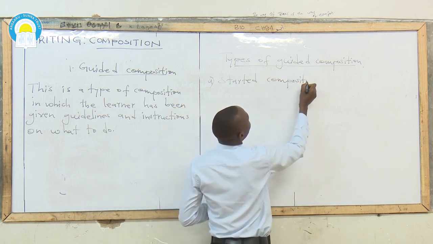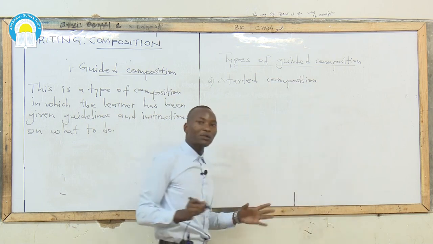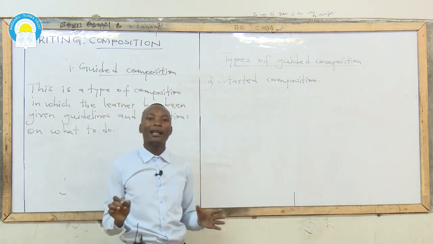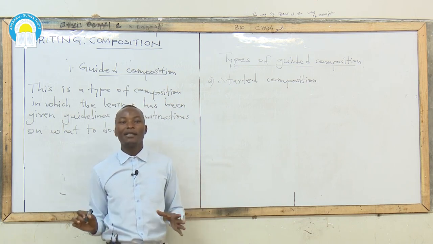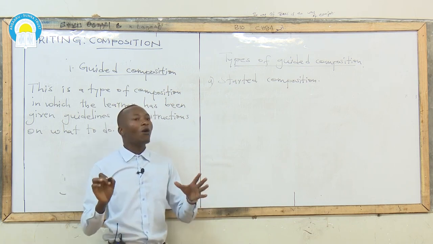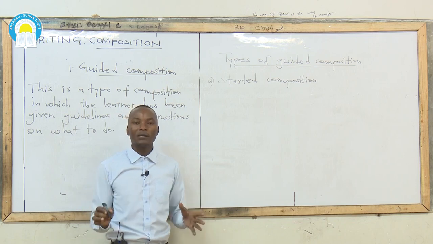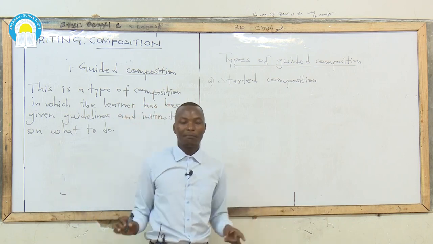Started composition is a kind of composition in which the learner has been given the beginning of the story. And it is imperative that the learner complete the story in the most interesting way possible.